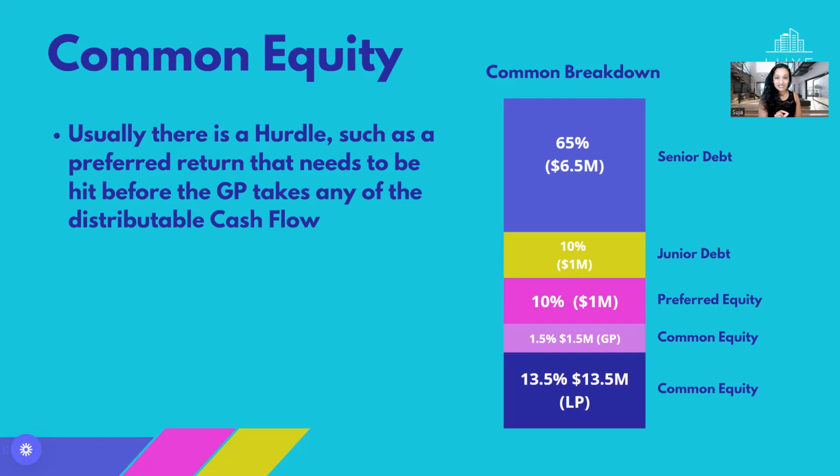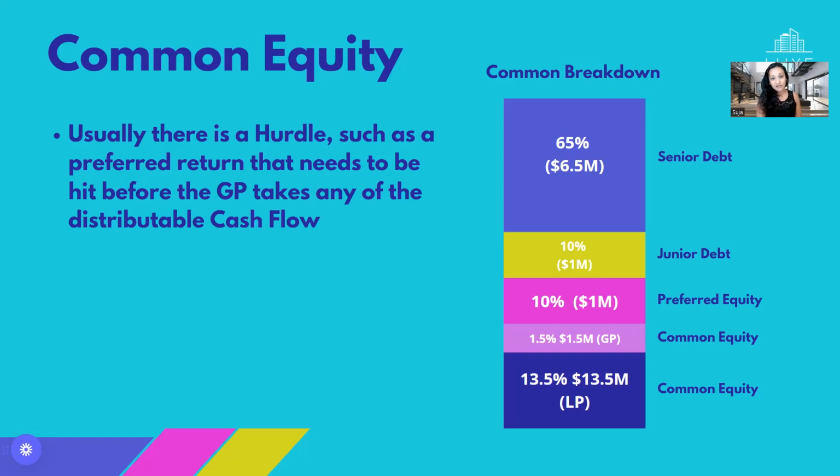That's usually what we're seeing these days, 7 or 8%. What that means is on a cumulative basis, the limited partners will need to receive an 8% annualized return before any distributable cash flow is distributed to the general partnership team. And that creates alignment of interest, so that the general partners are motivated to make sure the limited partners get paid before they're getting any of their upside.